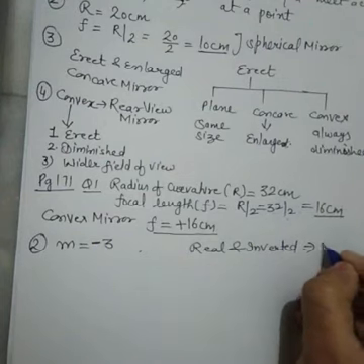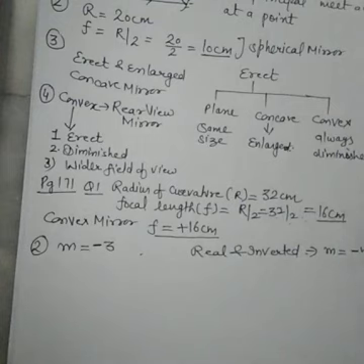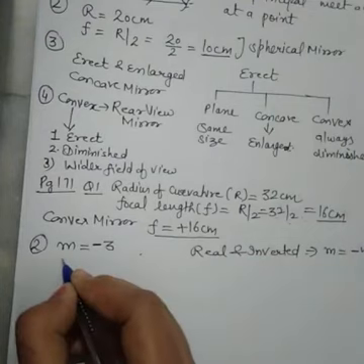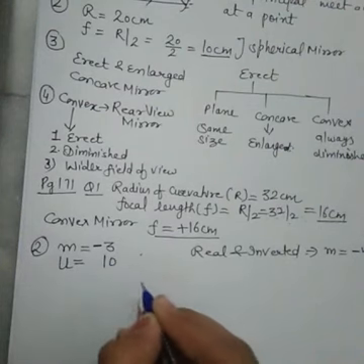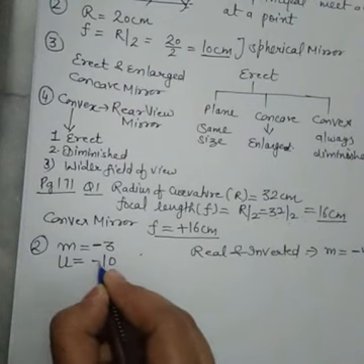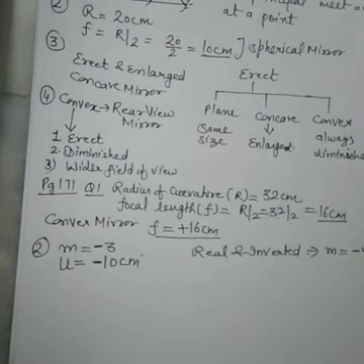So for real and inverted image, magnification is negative. The image is of an object placed at 10 centimeter. It means object distance u is 10 centimeter. As per sign convention, u is always negative, so it is minus 10 centimeter.